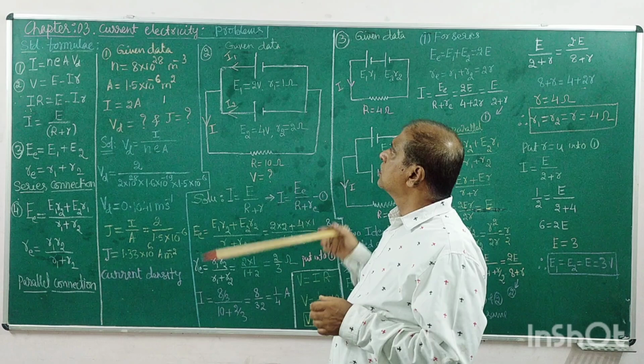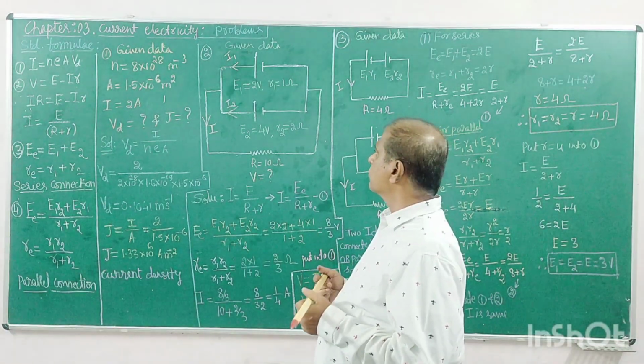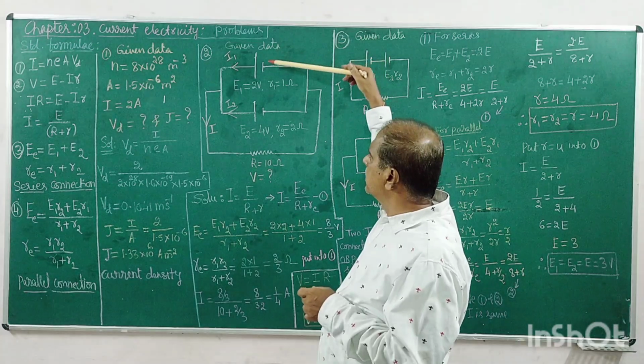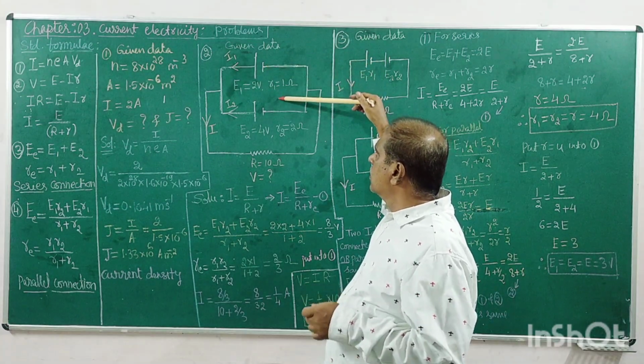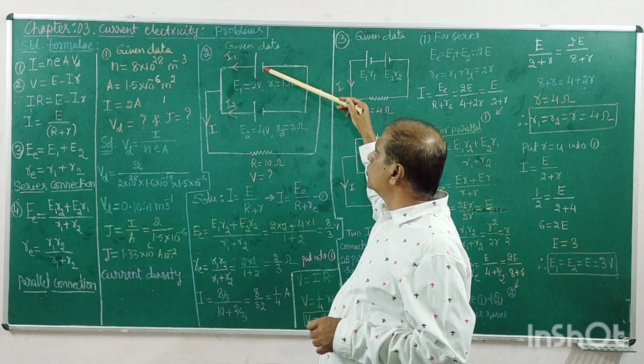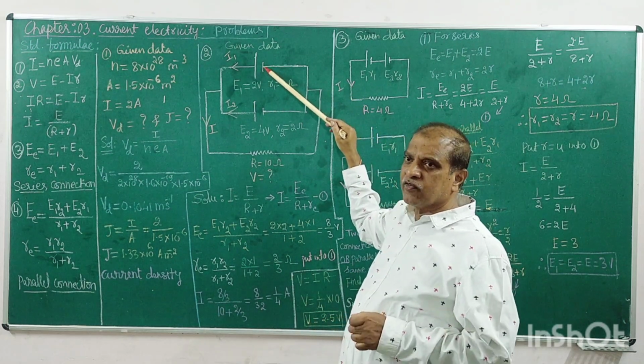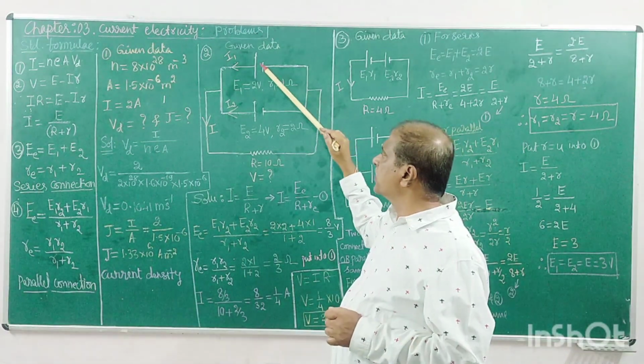Here also I put only the data. I will read the problem. According to the data, I put this diagram. The problem is, there are two cells, and their EMFs and internal resistances are mentioned.